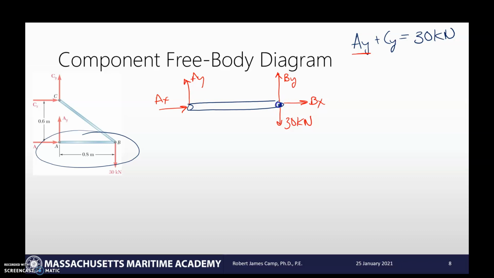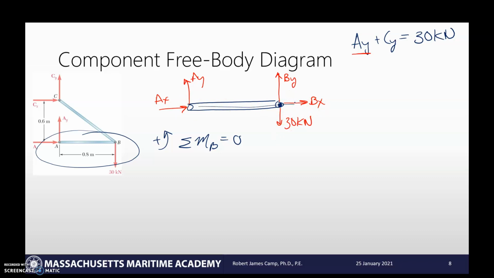So if I sum my moments about point B, BX, BY, and the 30 kilonewtons all fall out. In fact, we'll do the sum of the moments about point B, counterclockwise is positive, equals 0. If I look at my lines of action, AX, BY, BX, and 30 kilonewtons are all at B, so they're all going to fall out of the equation.